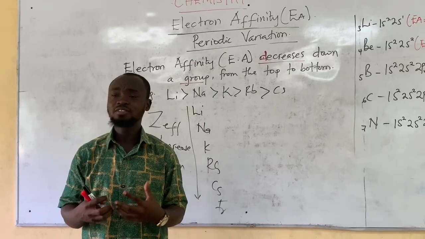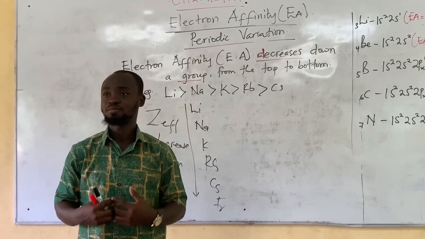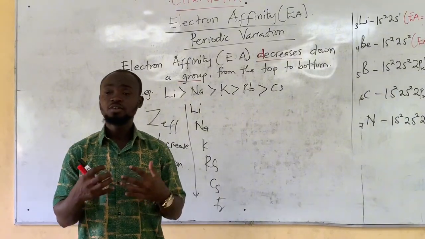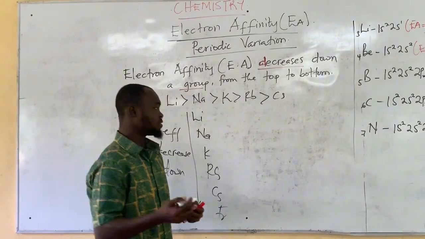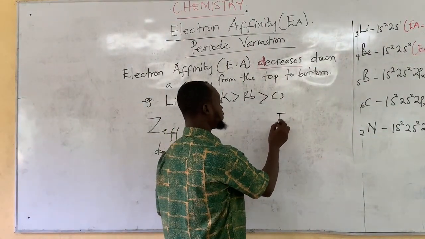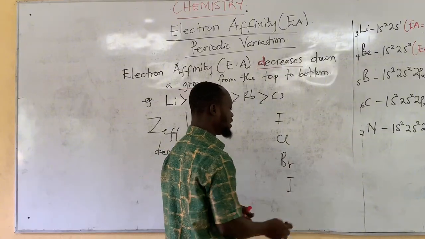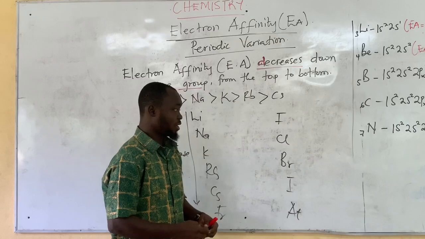But there is an irregularity in this variation, and I'm going to use chlorine and then fluorine. When you take the group 7 elements, group 7 is made up of fluorine, chlorine, bromine, iodine, astatine. Is that okay?